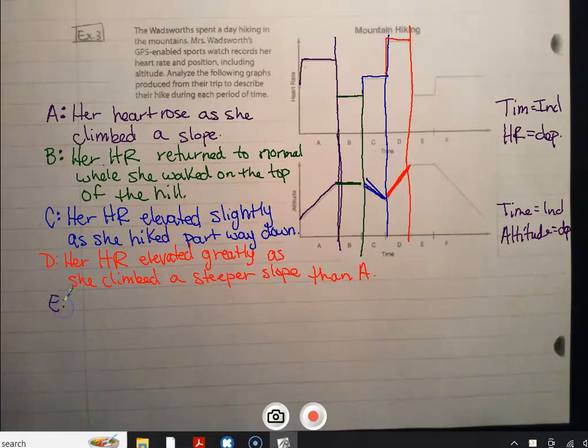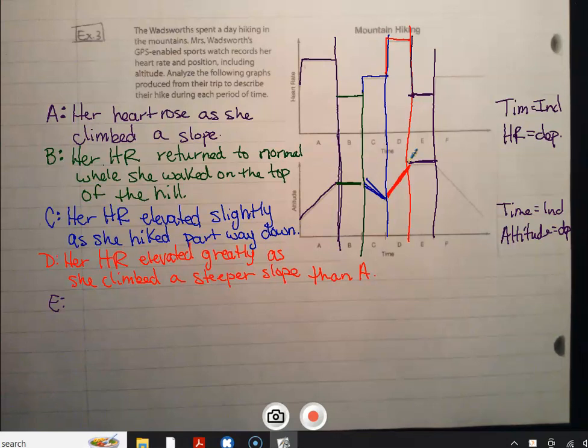Okay, so let's look at the next section, E here. All right, so if we look at E, we look at those together. Her heart rate came down, right? And there it is. Her heart rate dropped. And what's she doing? Her altitude is staying steady. So what's she doing? She's just hanging out, right? At the top of the second mountain.